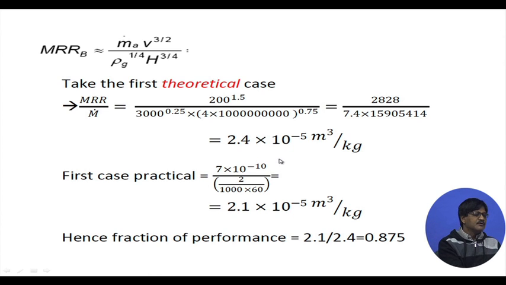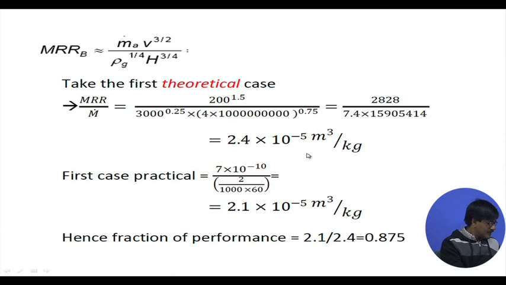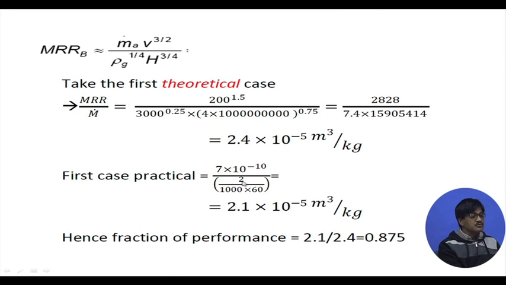Let us quickly have a look by going back. Consumption of abrasive was 2 grams per minute. So, this has to be converted to 2 divided by 1000 into 60, for per second, and 1000 for changing grams to kgs.